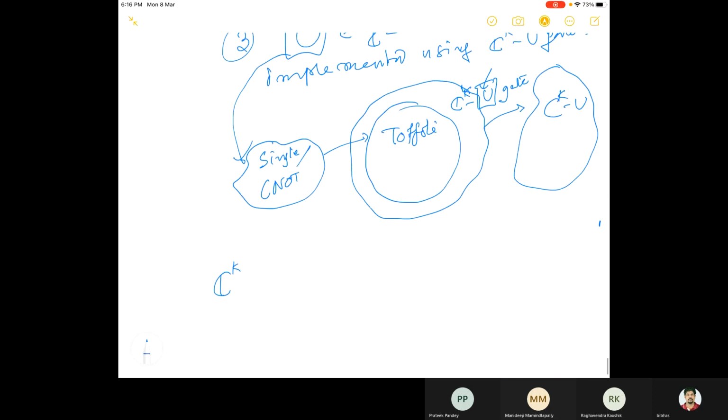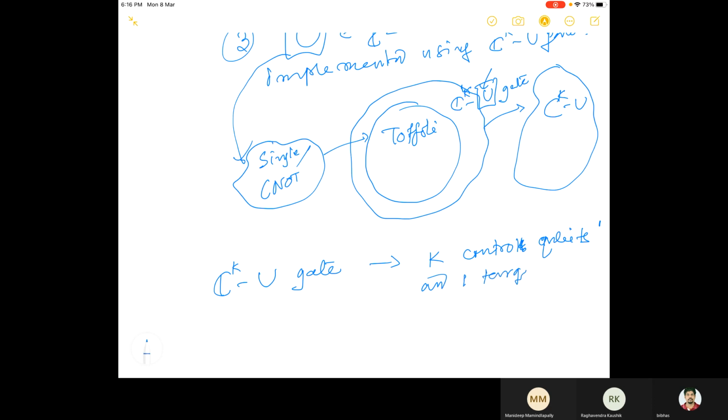C to the power K U gate means K control qubits. Which one is controlling, I am not specifying that. I'm just saying there are K control qubits, and they are controlling one target qubit. I'll give you examples, don't worry.